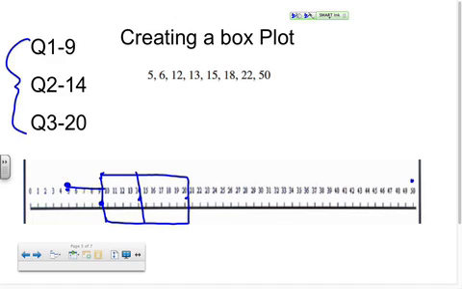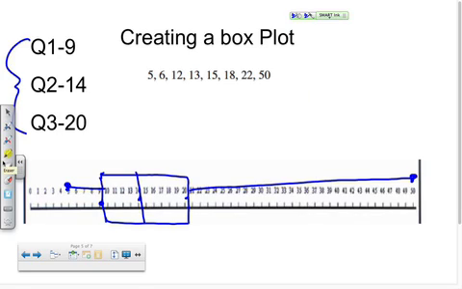That's my whisker there. So this is a box and whisker plot. Do you notice, this also shows us how big that outlier is here. So that is it. That is how to find 5 number summaries, create a box and whisker plot, find outliers, and an interquartile range.